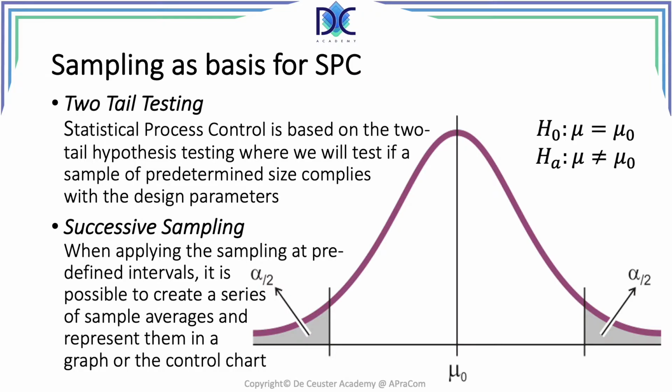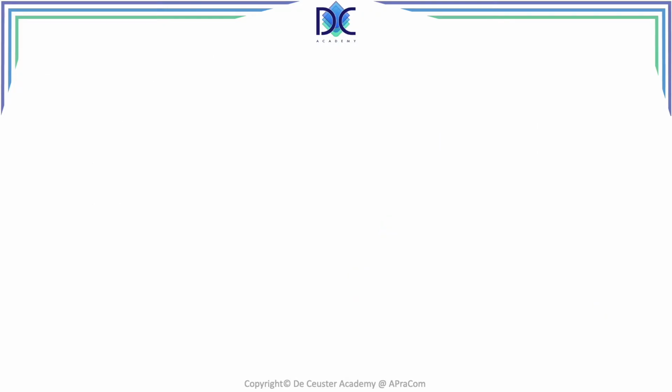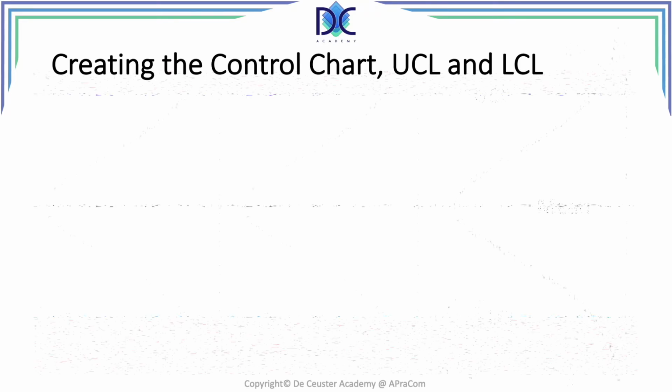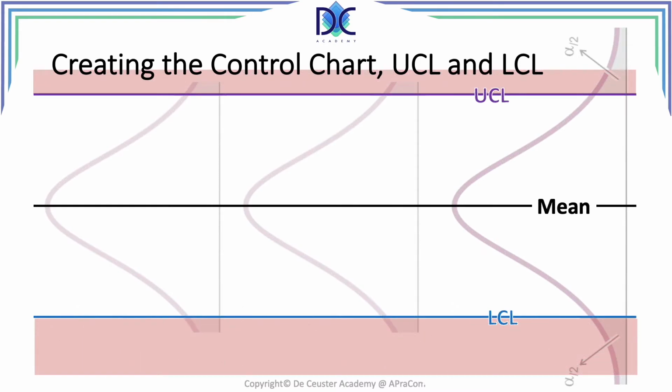So basically, we build a chart where we see every sample average. Around the mean, we have the normal distribution. On the top, we have the upper control limit. Below, we have the lower control limit.